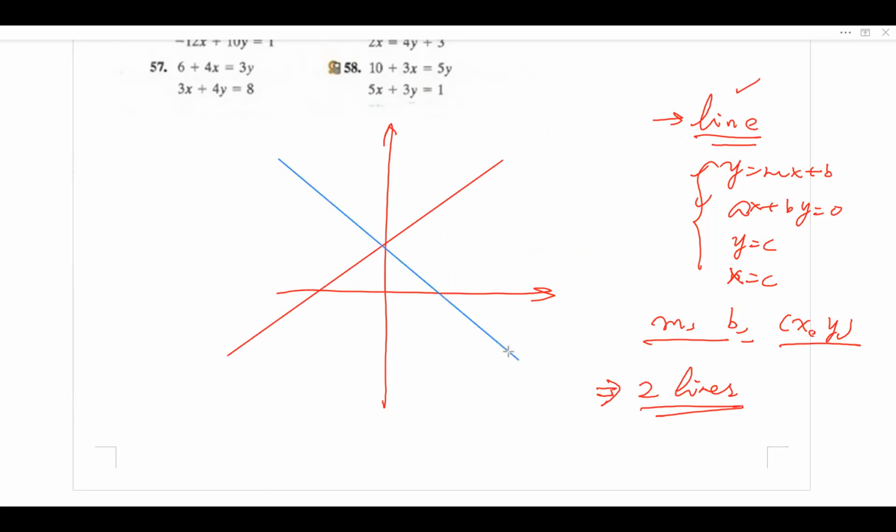They have a common point. This is called crossing. One very common situation is that these two lines have a common point. We call it crossing. They have only one common point.